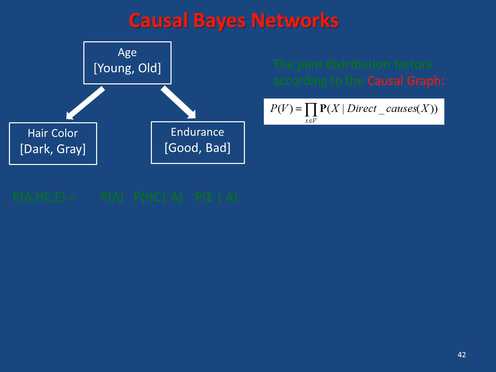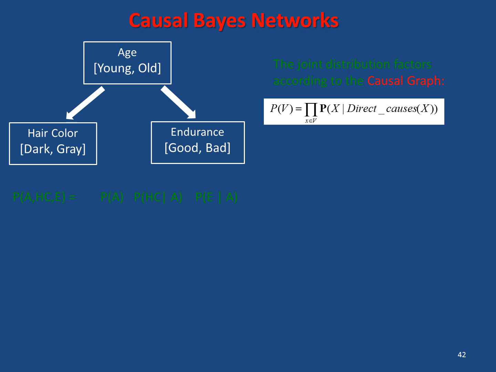And so I just use its marginal distribution in the joint that I'm factorizing here. When I look at hair color, I have to condition on its immediate causes, which is only age, and so I put hair color given age. And when I do endurance, its immediate cause is age, and so its conditional form is endurance given age.